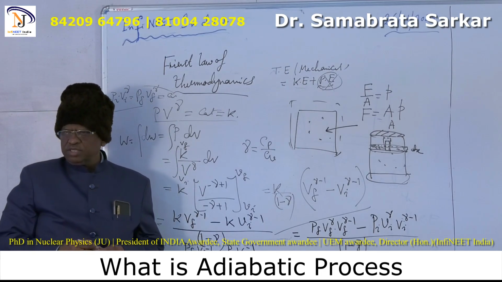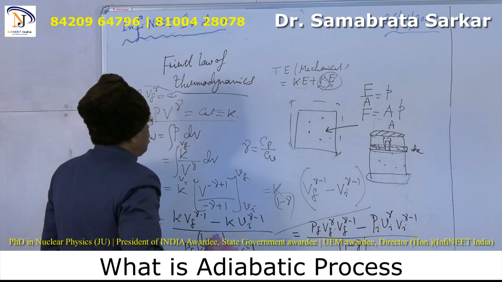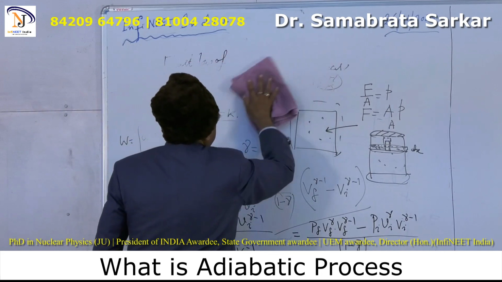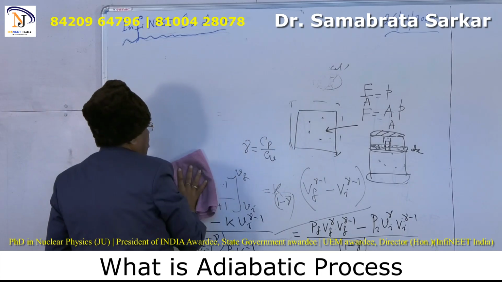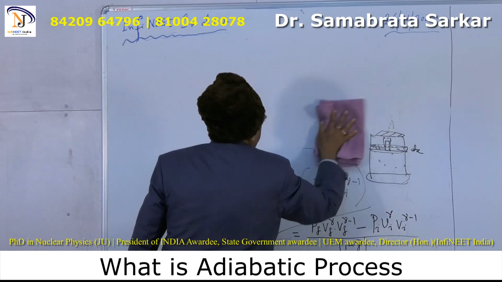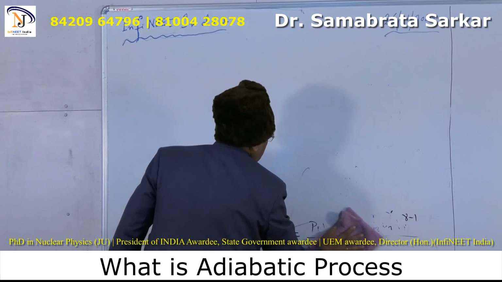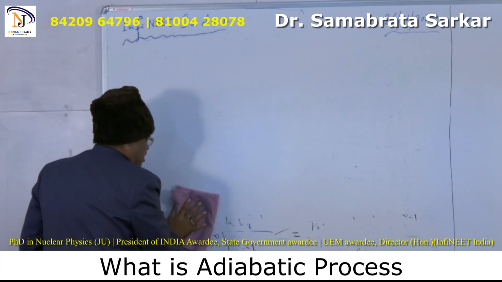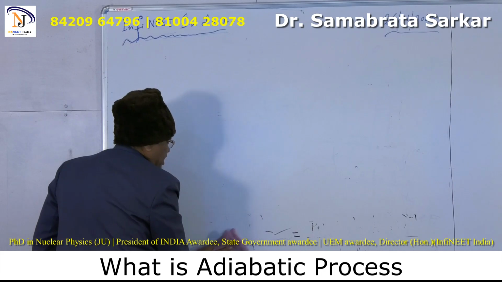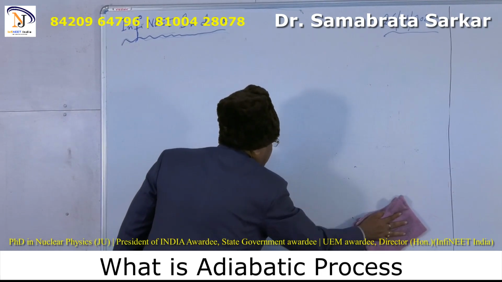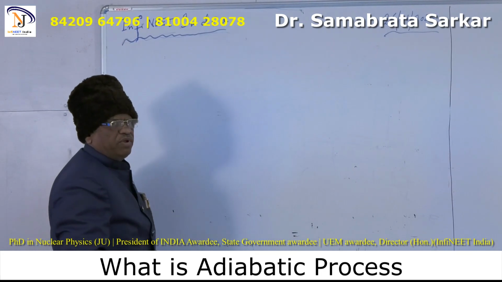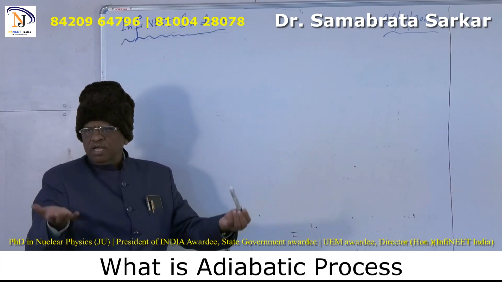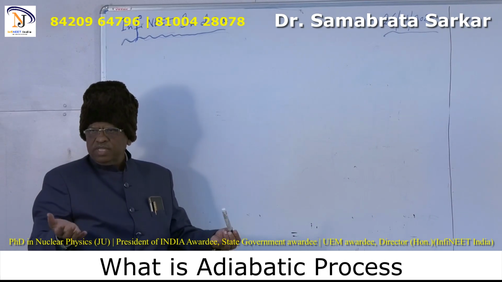Now I have done all the relations regarding work done, because I have already told you, if you apply heat, then heat will manifest in two ways. One, it will change its internal energy, and the residual amount of heat will increase its volume, that is, external work done will be there.